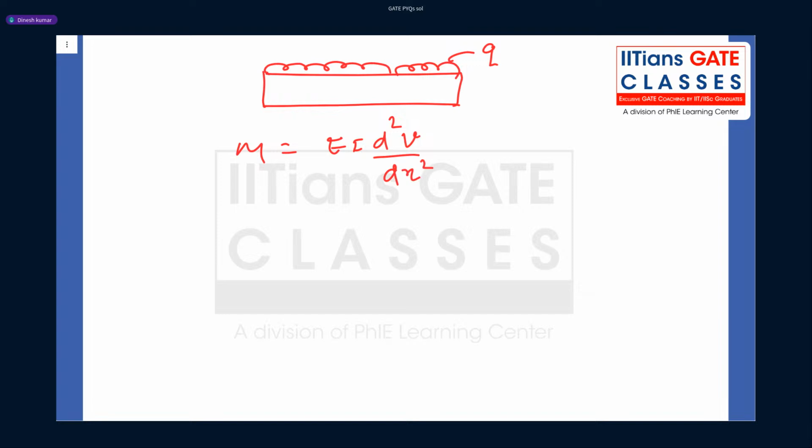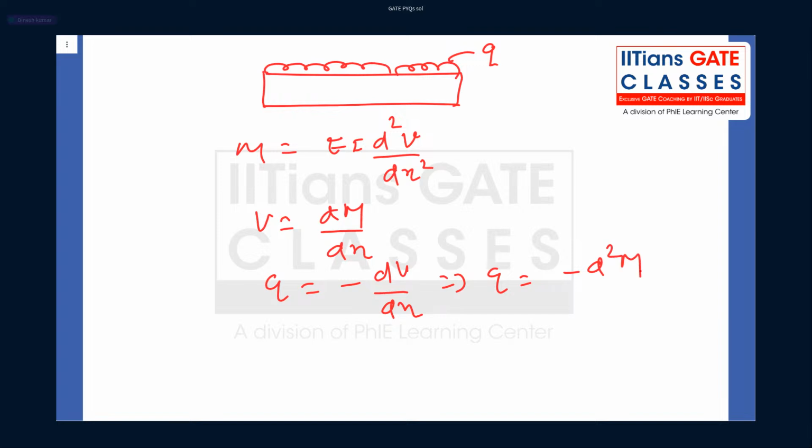Now we know from equilibrium that the shear force is given by dM by dx, and the applied UDL is given by minus dV by dx. So q will be minus d square M by dx square, and we already know M is EI d square v by dx square.